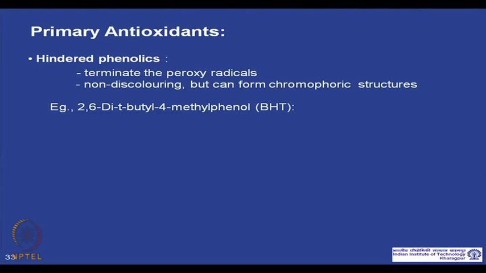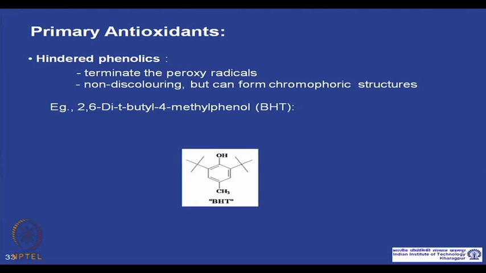One very common example is BHT, butylated hydroxytoluene. The structure is shown here. This type of primary antioxidant is used very much for styrenics, vinylics, and elastomers.